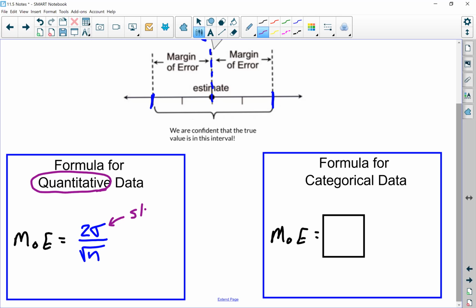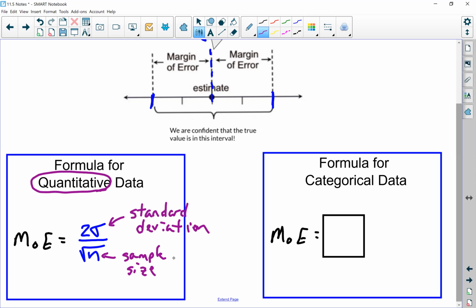That's the standard deviation. And n is our sample size. Right?